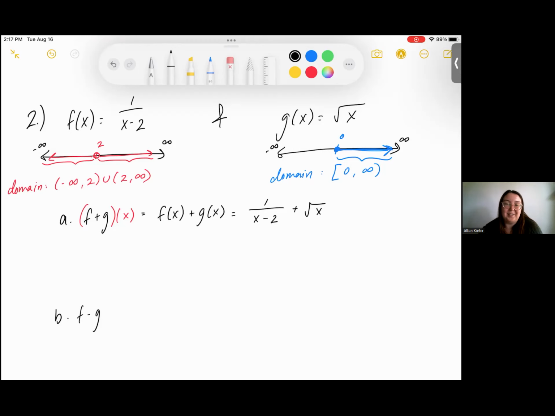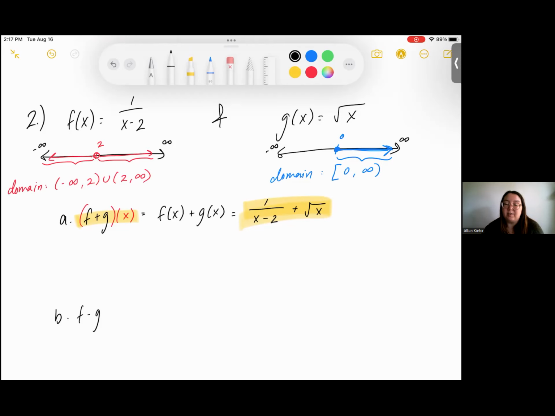We don't necessarily have to simplify it any further than that. On a problem like this on your homework, it would accept this answer that we just have right here, 1 over x minus 2 plus the square root of x. If you did want to simplify it, you could. So this is pretty much a tentative answer right here.